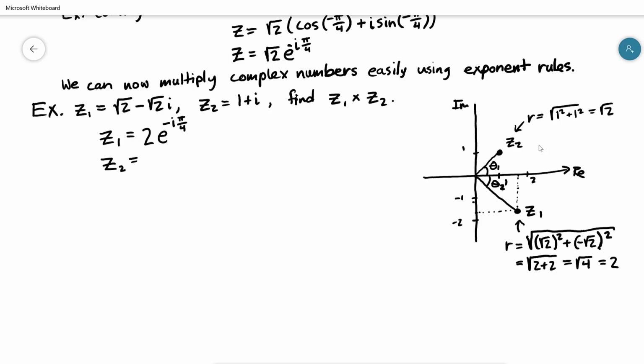So the second one is going to be root 2 e to the I times positive pi over 4.